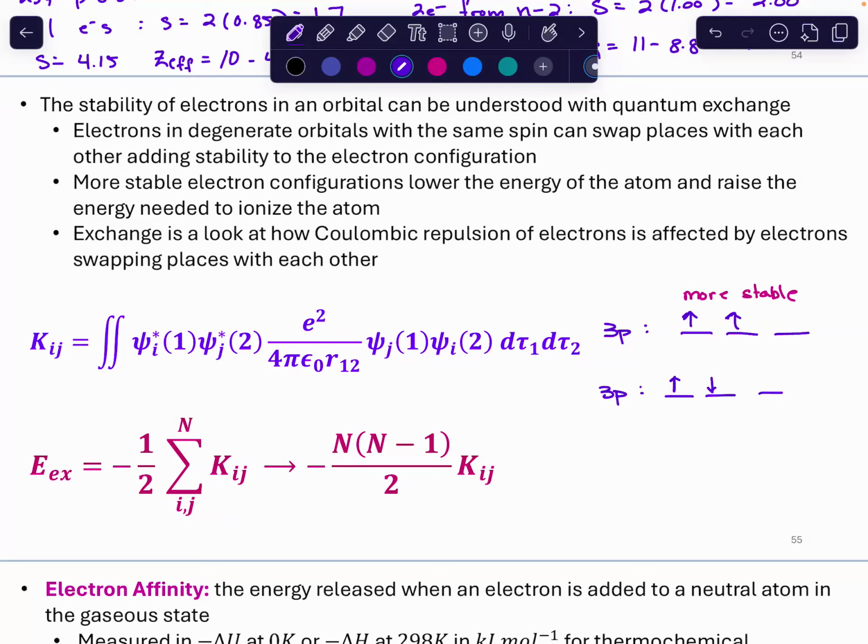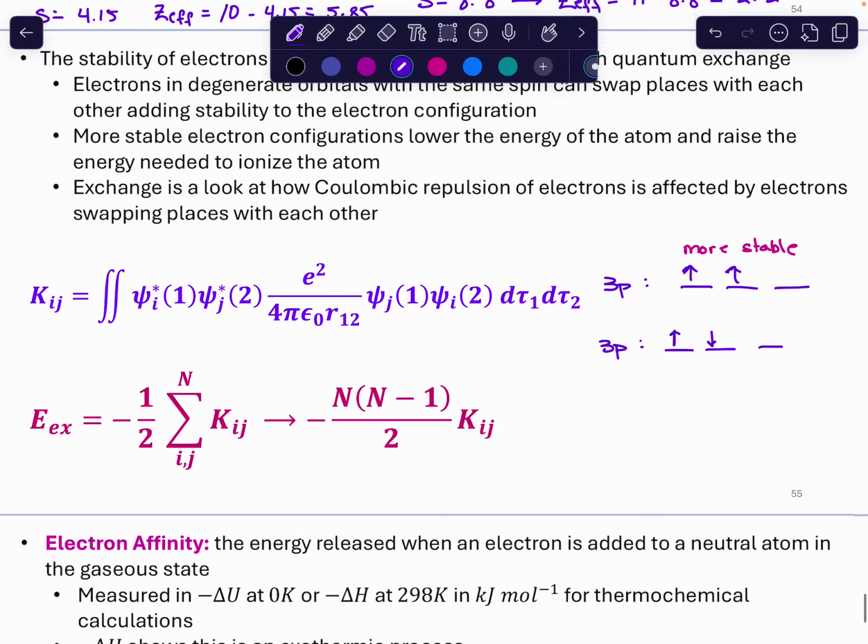Now, I've shown you what I've shown you over here. First off, that K, that integral there, is going to be your exchange integral. Notice how you have wave function i, wave function j, with 1 and 2, electron 1 and electron 2. And then notice how those swap the wave functions on the other side. That's to represent the exchange.